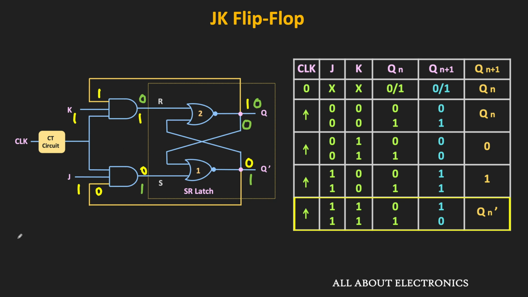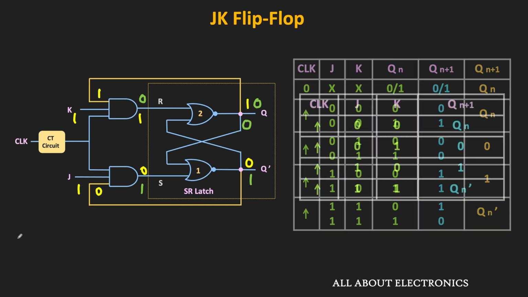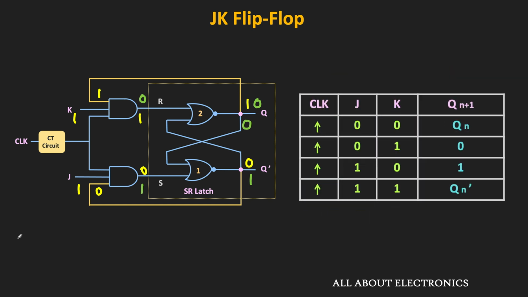So in short, when both inputs J and K are 1, the output of the flip-flop will toggle. That means currently, if Q is 0, then in the next state, Qn+1 will become 1. On the other hand, currently if Q is 1, then in the next state, Qn+1 will become 0. So this is the truth table of the JK flip-flop.